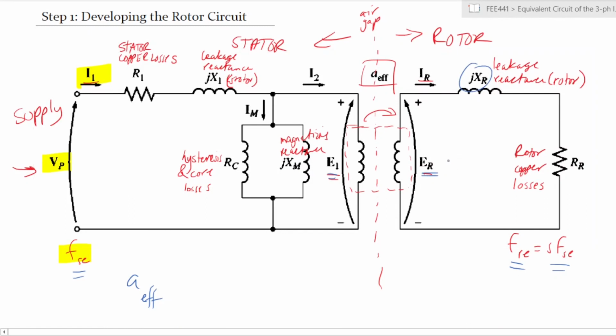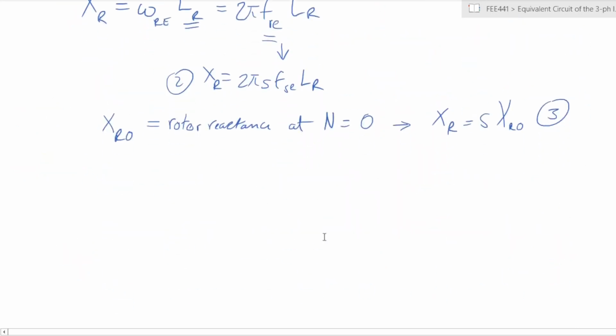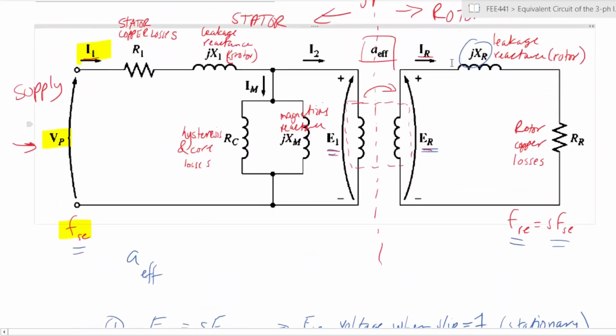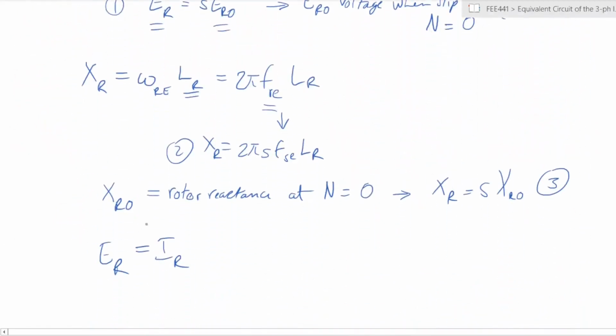Simply by Ohm's law, ER, which is the supply voltage at the rotor, is given by IR, our current here, times the total impedance across, which is given by RR plus jXR.